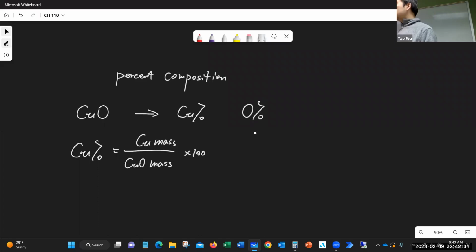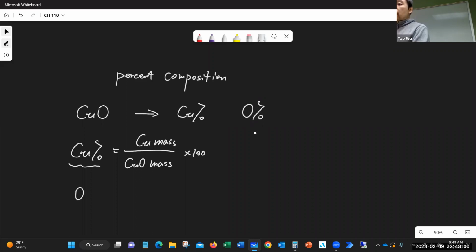This is how you figure out the percentage. That makes sense, right? In the lab last time, we talked about two different ways to do it. One way is based on your experiments, you figure out the percentage. Or, based on the molar mass, you can also figure out the theoretical copper percent. This is what we talked about last time.